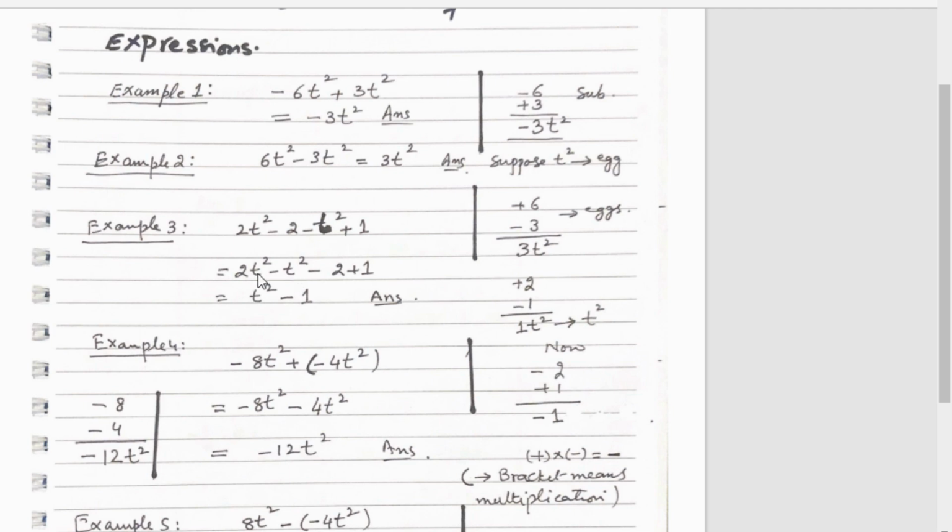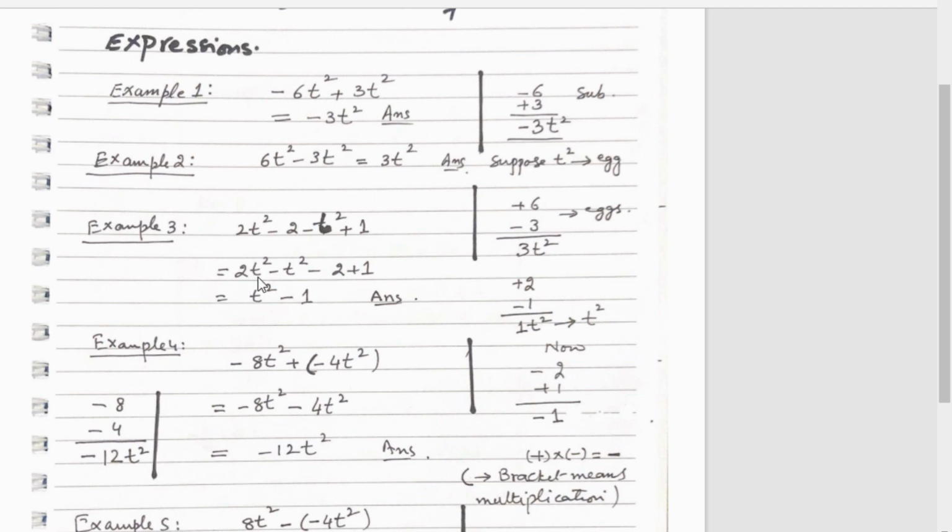So, terms with same variable and same power will be added or subtracted. How? By taking their coefficients as we have done in example 1 and 2.